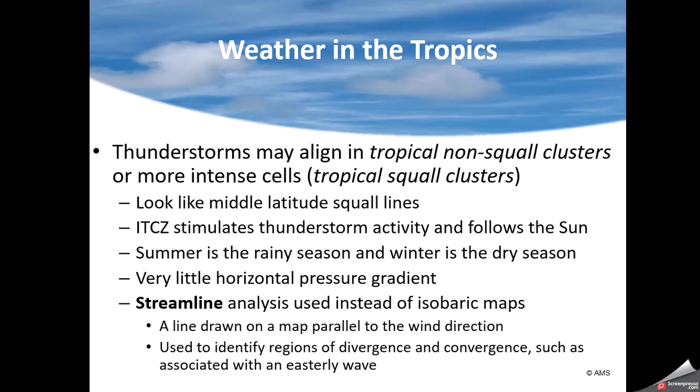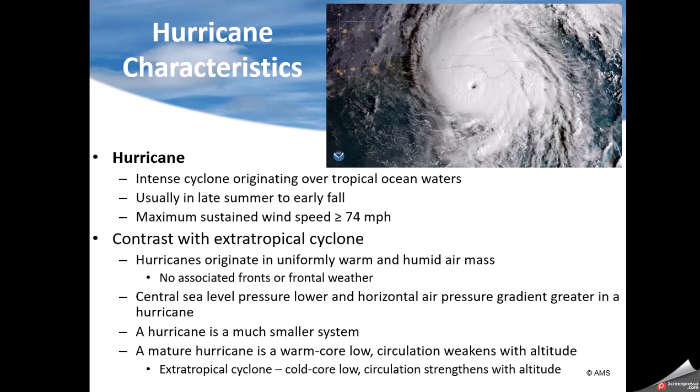So you look at those wind barbs and just start a line at one station, try to follow it to the next station, and you'll basically make a curved line and maybe several lines that might come to an area that shows convergence or divergence. But this is a way to find things like small easterly waves which occur in the tropics.